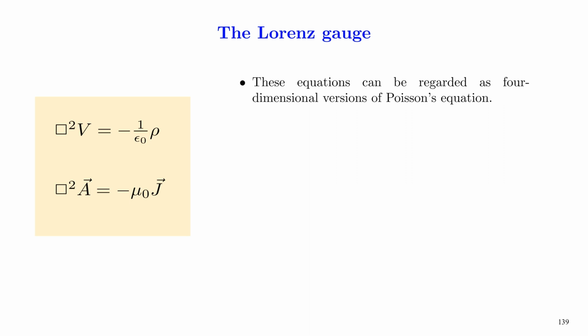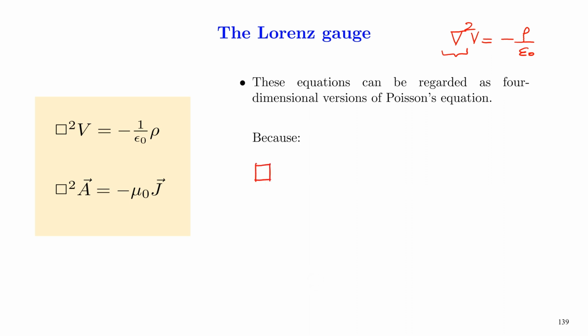Another important observation regarding these equations is that they can be regarded as the four-dimensional versions of Poisson's equation. Poisson's equation is del square V equal to negative rho over epsilon 0, and this is defined in 3 dimensions because of the presence of the del square operator, which is dou square by dou x square plus dou square by dou y square plus dou square by dou z square.